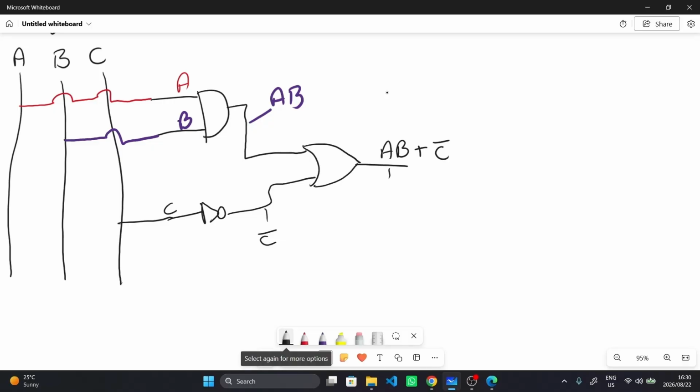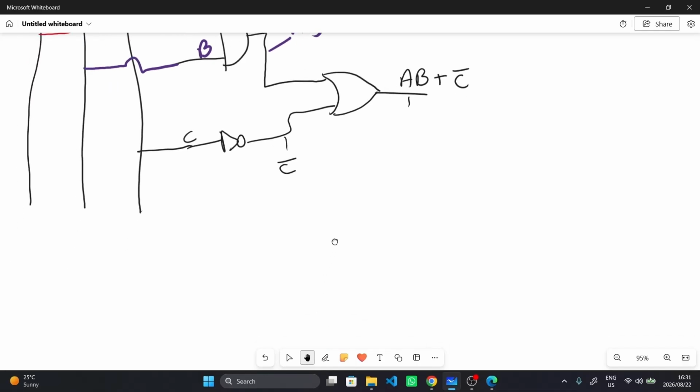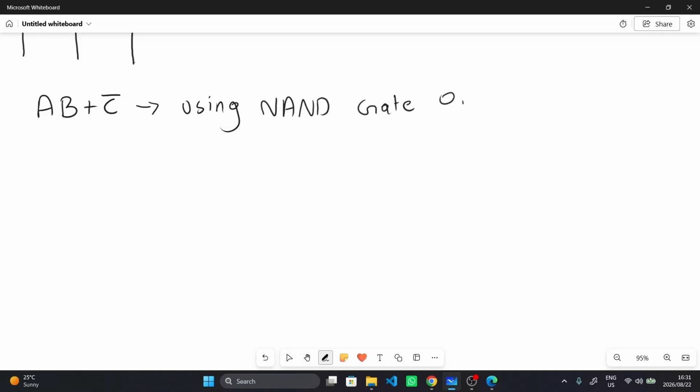Now the question is, we want to represent this equation, AB plus C complement, right? So we want to represent this equation using NAND gate only. So meaning we only want to use NAND gate to build a circuit, right?